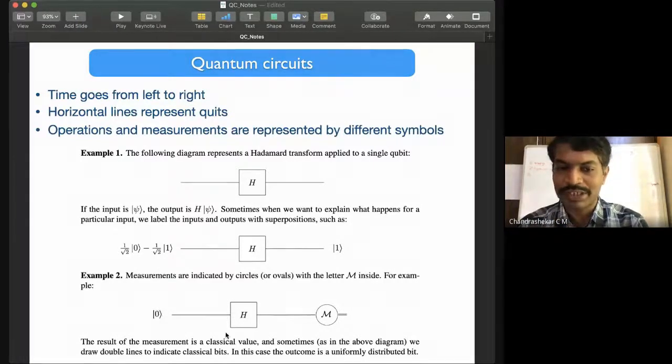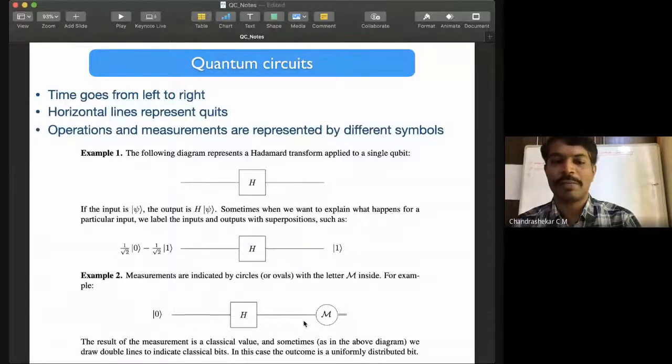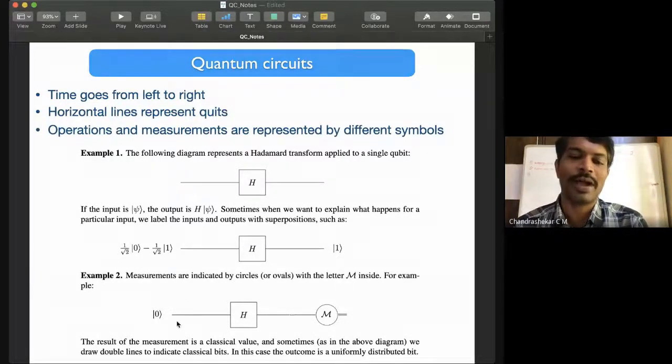So this is reversible only within the quantum levels. When you have a quantum state and a Hadamard operator, you can go back to state 0 by inverting this operator. But after you make a measurement, there is no going back. The result of a measurement is a classical value, and as in the above, we draw double lines to indicate the classical bits. So this is used to represent a Hadamard gate and a measurement operator.